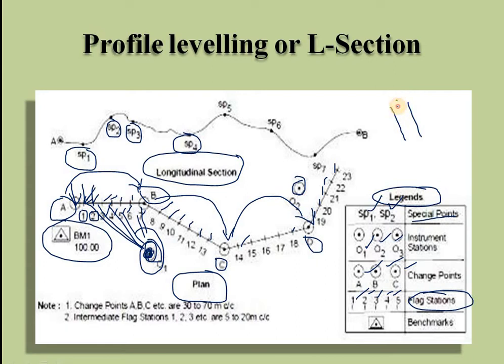A road has a center line alignment. I want to know the levels of this ground at the center point. So I will be keeping the instrument at this point. This is known as our station point, O1 for example. So I will be taking the levels at 0.1, 0.2, 0.3, 0.4 and 0.5.